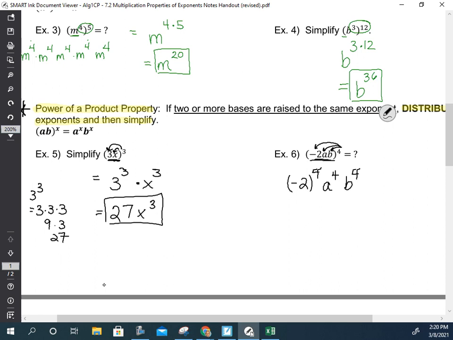So now we simplify. Negative 2 to the 4th is negative 2 times negative 2 times negative 2 times negative 2. What number is that? Positive 16. A to the 4th, you can't do anything with, and b to the 4th, you can't do anything with. That's your final answer.